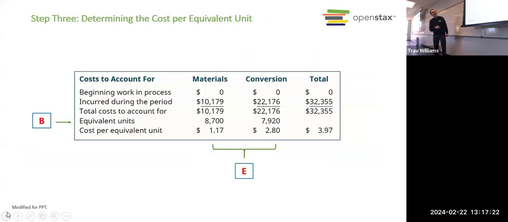Which is what's happening here. Total conversion costs divided by the equivalent units for conversion gets us our conversion cost per unit. We have our material cost per unit. We add them together, we get a total cost per unit. We wouldn't know those costs per unit if we didn't go through that process.